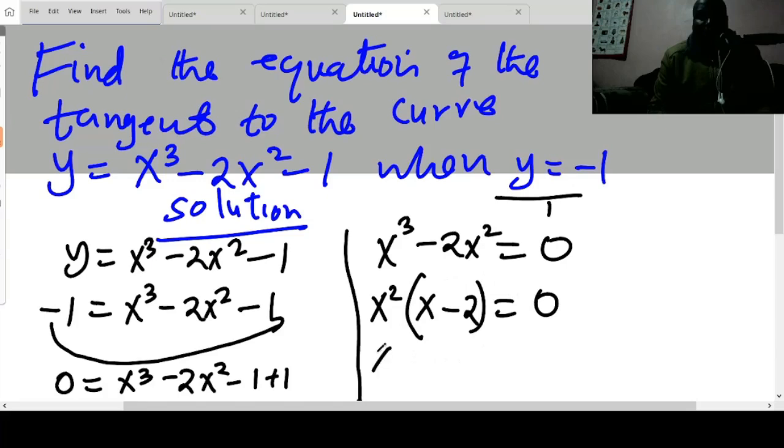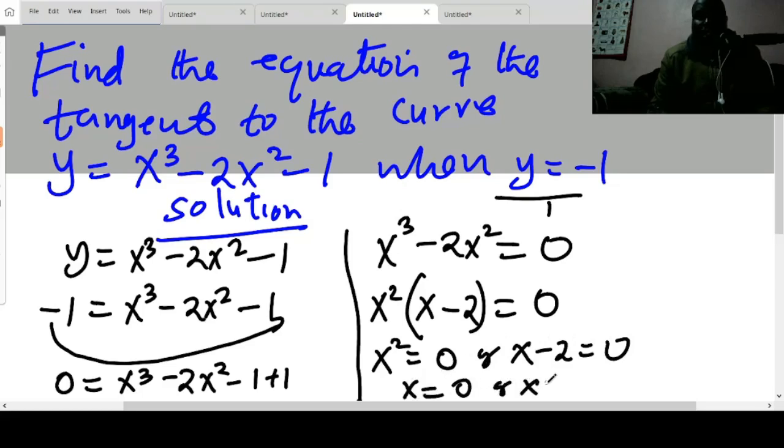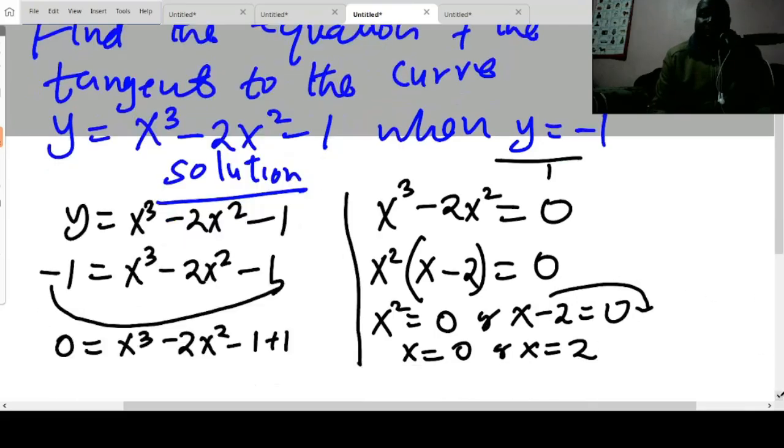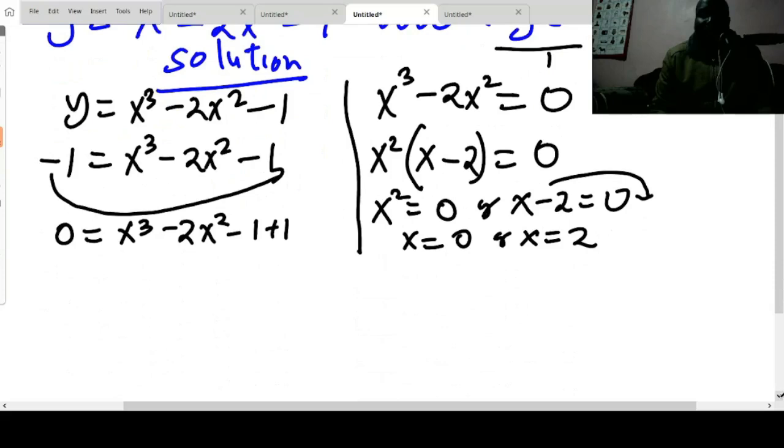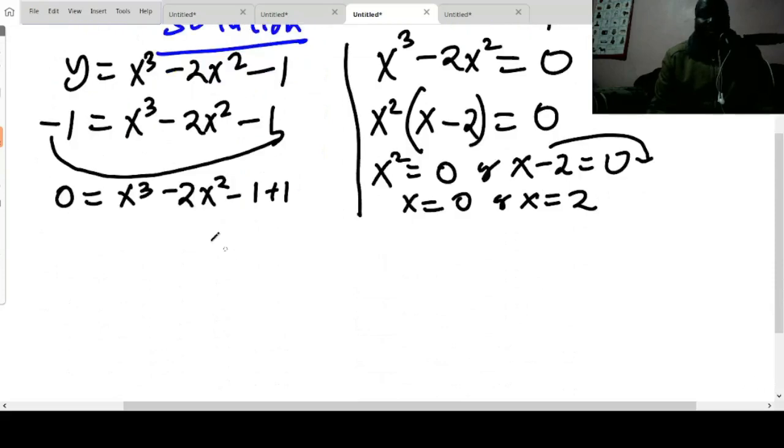So inamaanisha hapa x square is equal to 0 or x minus 2 is equal to 0. So x is equal to 0 or x is equal to 2. So hii ukienda pande hii ikikuja huku inakuwa positive. So tumepata the value of x. Umeona? Tumepata the value of x.